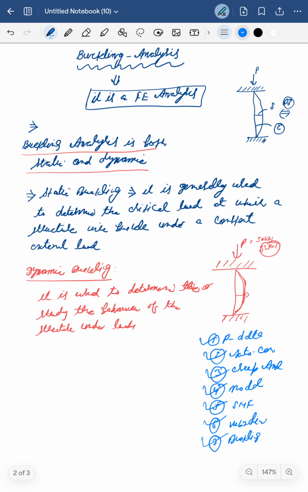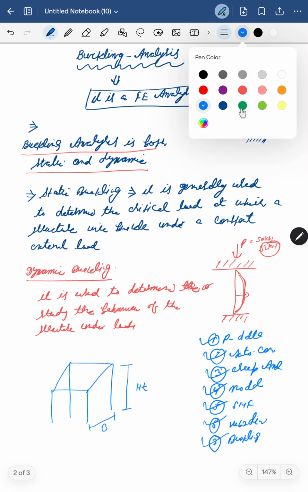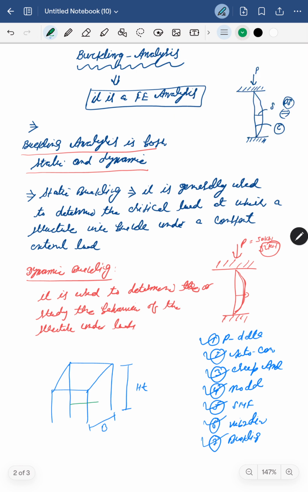Suppose this is your structure, and this is the height of the structure, and this is your breadth, meaning the least breadth is this, and this is also breadth, but not the least breadth.